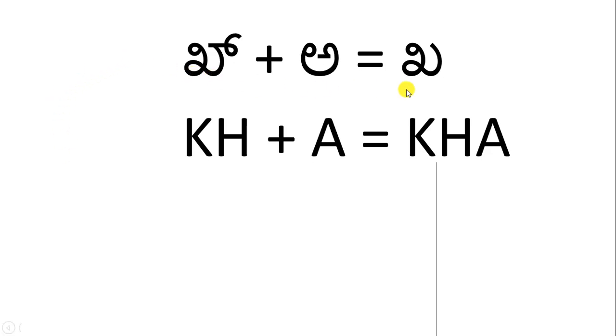Now let us start learning about the sounds that we get by adding the vowels to the second root consonant. The first sound is Kha, obtained by adding a to Kh.